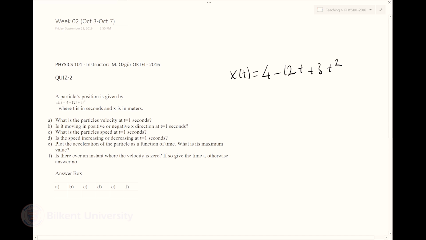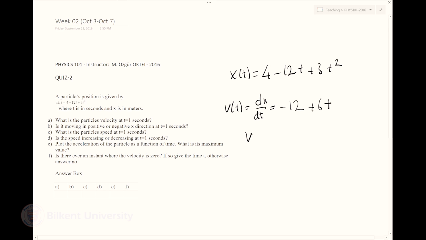How do I find velocity from position? Position is given. I just take a derivative. That's it. Excellent. So v of t is going to be dx dt. What's the derivative of 4? 0. It's just a constant. I don't care about that. How about minus 12t? Just minus 12. 3t square, plus 6t.